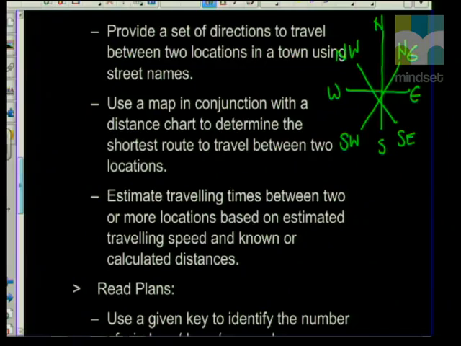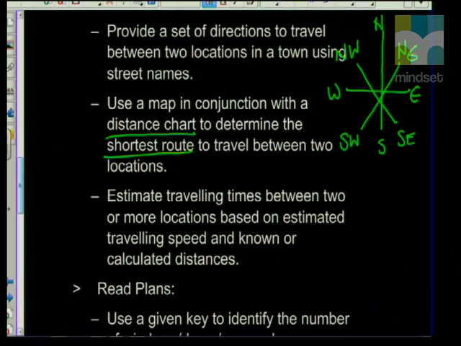You also need to be able to use a map in conjunction with a distance chart. Distance charts are generally ones where you have to read off two different locations and find a coordinate where it shows how far two places are from each other, and then determine the shortest route from one place to the next.